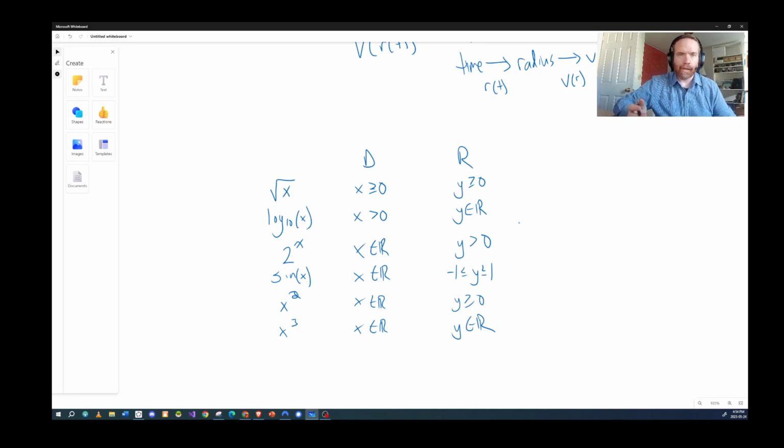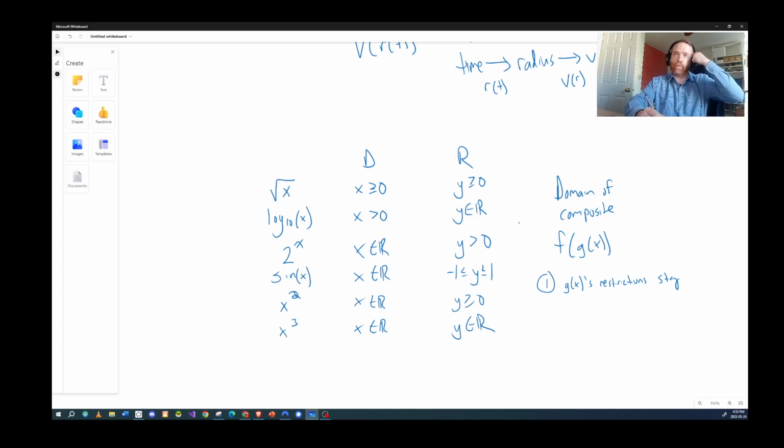function's domain, here's how you do the domain of a composite. Let's stipulate that f is the outer function and g is the inner function. So here are the rules. Number 1, g of x's restrictions stay.